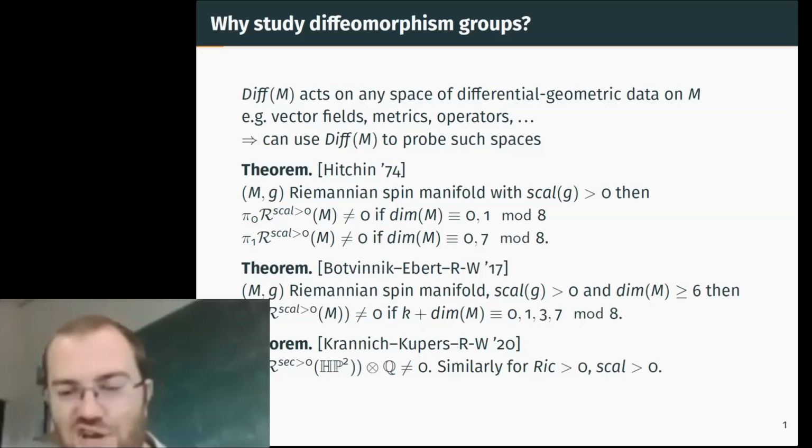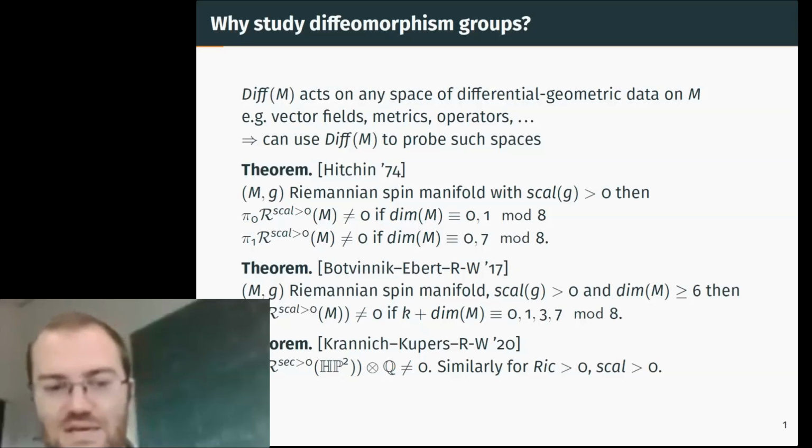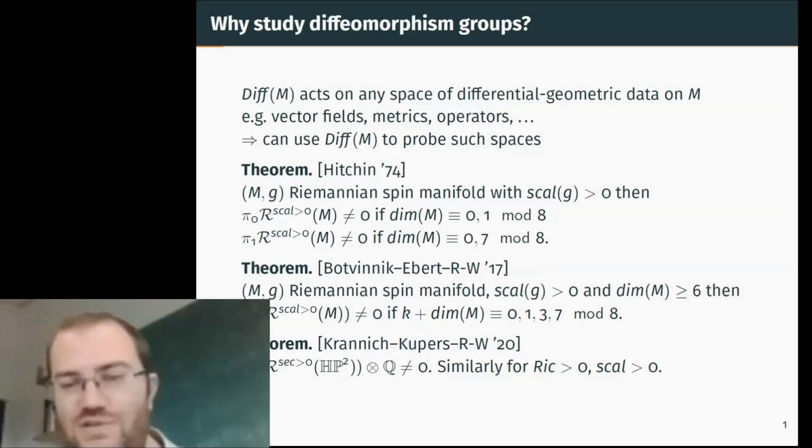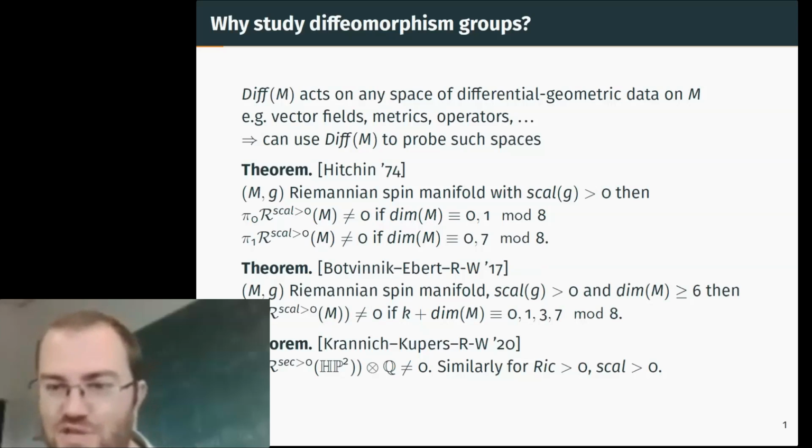And it's maybe in retrospect not so surprising that you can prove things about it using topological means. Whereas sectional curvature is much less flexible, so I think this kind of result is more surprising. Although, of course, we don't really know anything about metrics, and we just use topological means to prove this as well. So that's the motivation for spaces of Riemannian metrics.